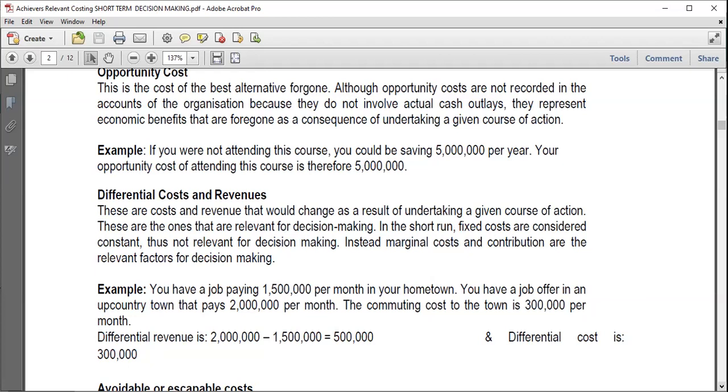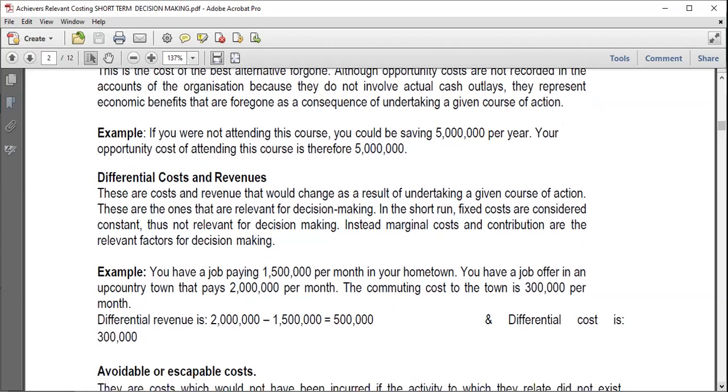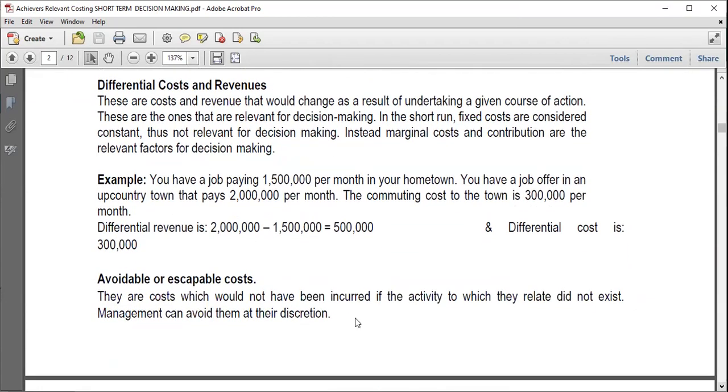There is information that will be irrelevant. Maybe because you already incurred the cost. Maybe because that cost will still remain the same even if you take either alternative of the decision. Maybe it's already a sunk cost as well. So you have to know.